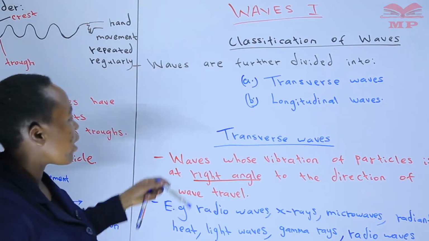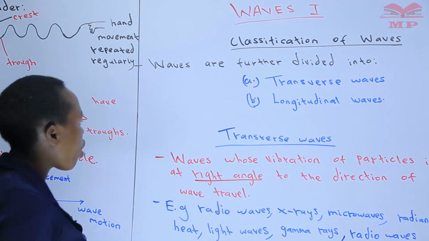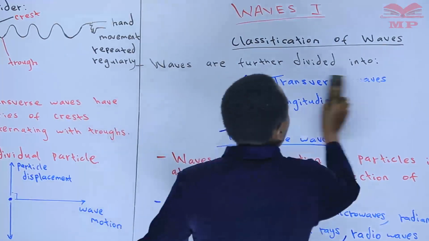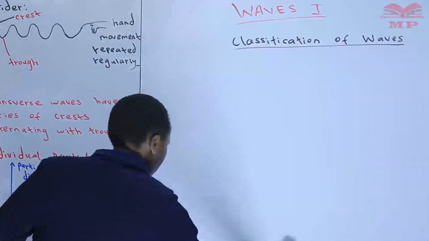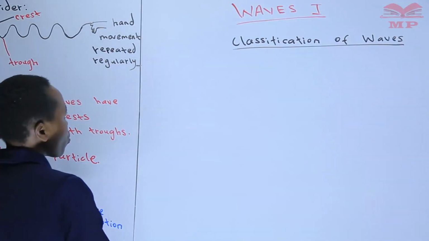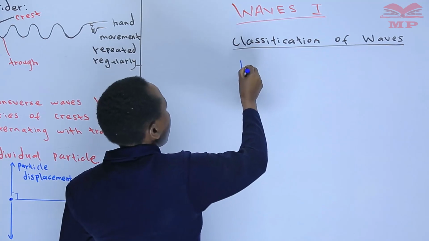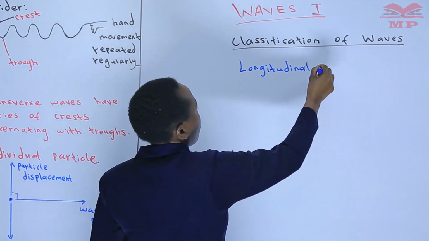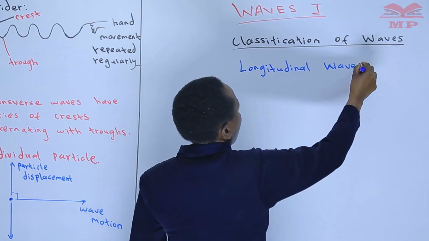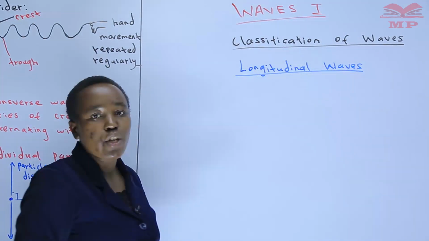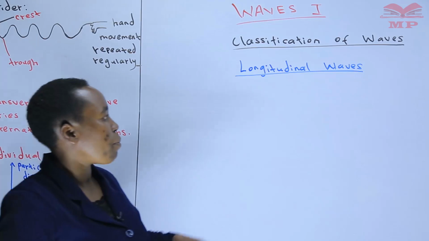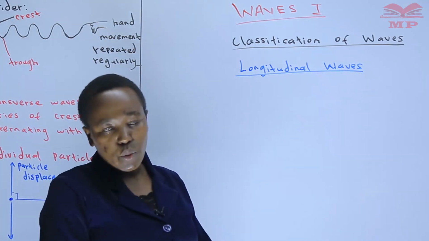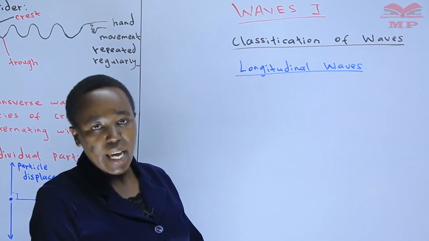So we move ahead and now look at longitudinal waves. So we have B, longitudinal waves. We need to start by defining longitudinal waves, then giving examples.